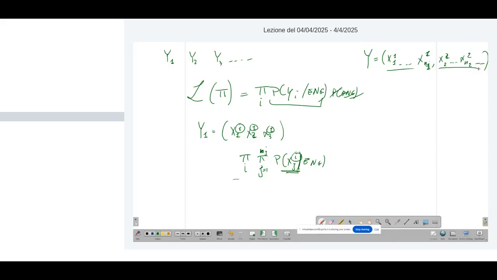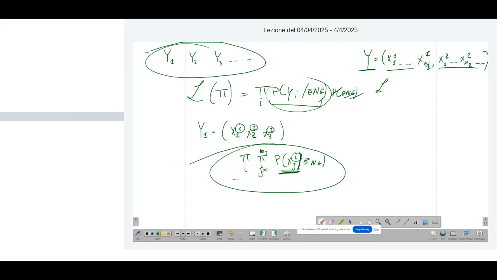Then if I compute the likelihood for this large document that collects all the words, I get exactly the same expression. So the likelihood is a product over all the words in all my documents of the probability of the word that I have observed. Remember that the sequence of the documents doesn't matter. Which means in the log likelihood, I will have a sum over documents and a sum over the words of a document.